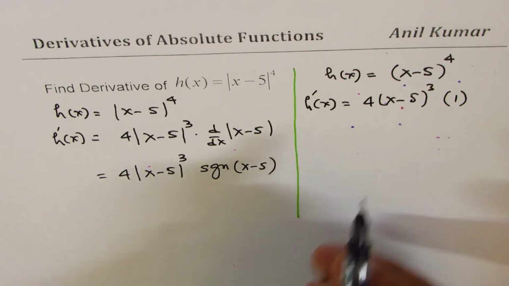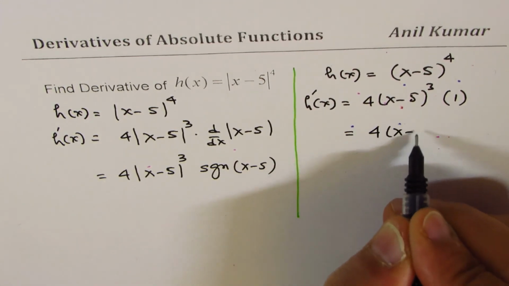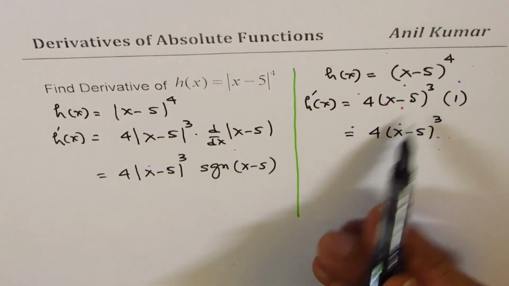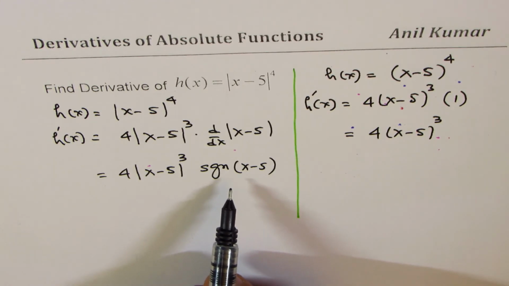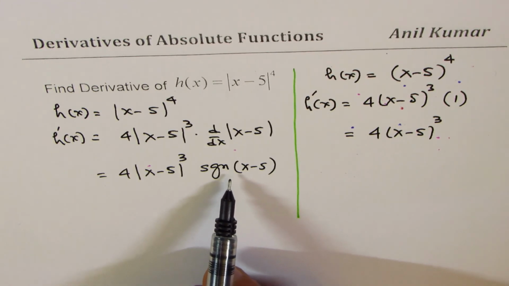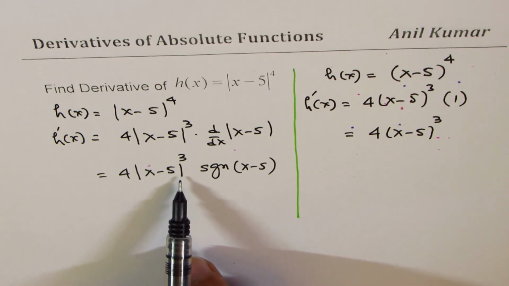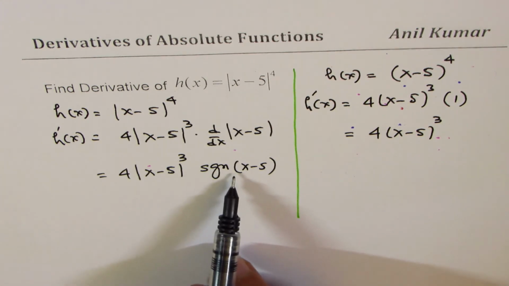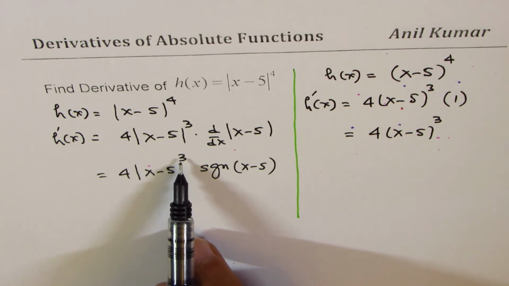So I get my result as 4 times x minus 5 whole cube. That suggests we always get a positive value for this particular function, and it is 4 times x minus 5 whole cube.